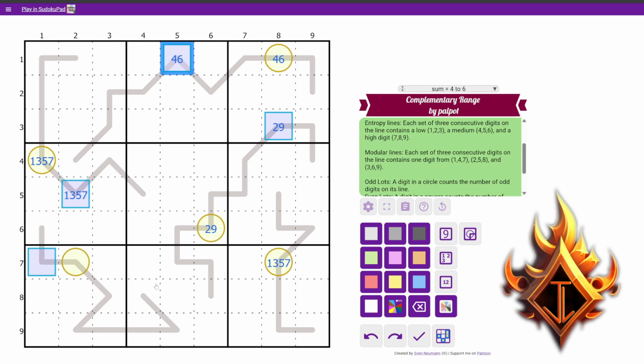This one down here was 9, I believe. 1, 2, 3, 4, 5, 6, 7, 8, 9. And it was an even and an odd. It cannot be 6, 3. It cannot be 5, 4. It cannot be 7, 2. So it is 8, 1.